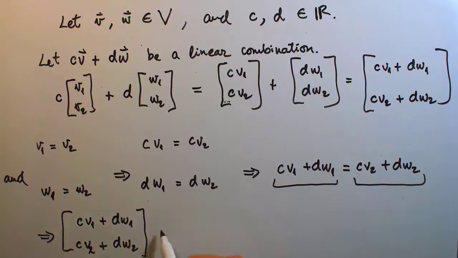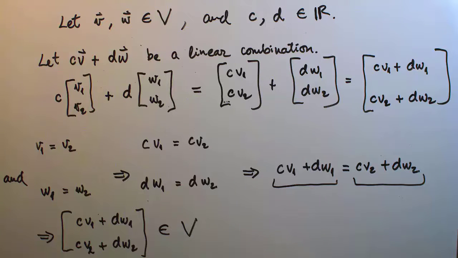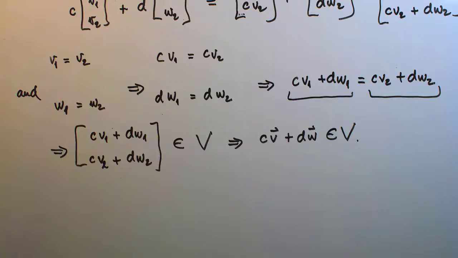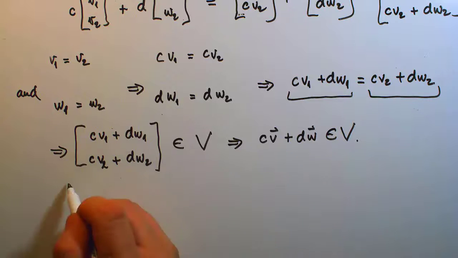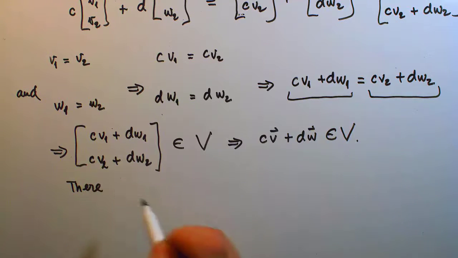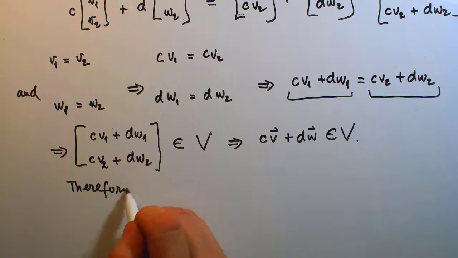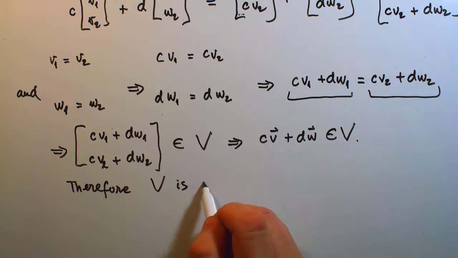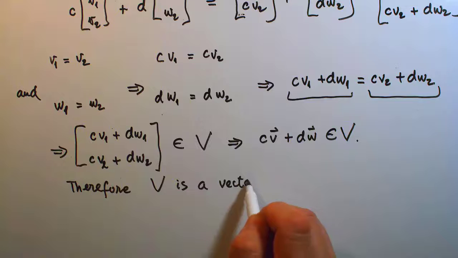Now we know that this vector is also in V as well. Or as a general impact, this is an arbitrary linear combination of V and W. Any arbitrary linear combination of V and W is also in V. And therefore, our last powerful statement, therefore, V is a vector space.